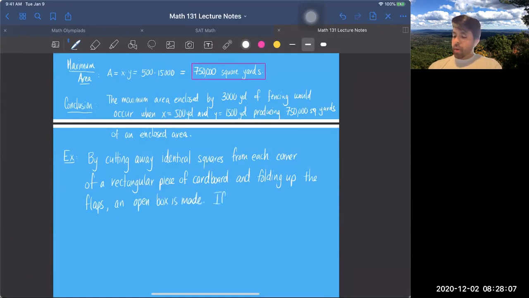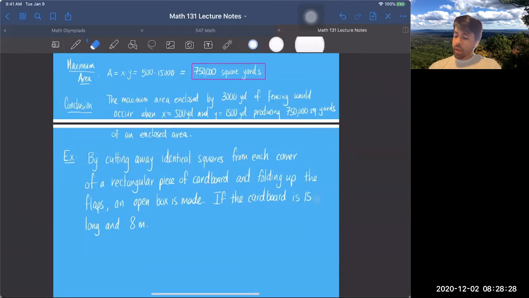If the cardboard is 15 meters long and 8 meters, sorry, not meters, inches.